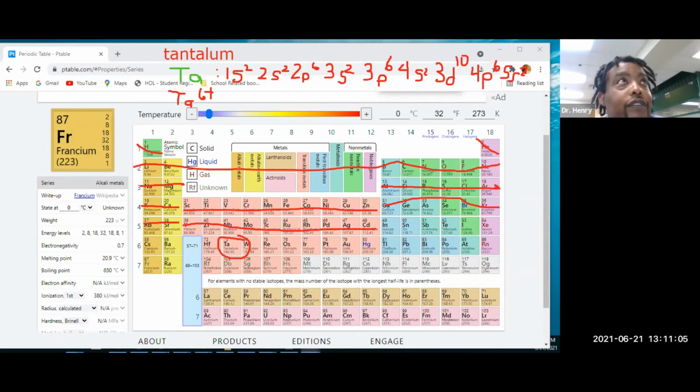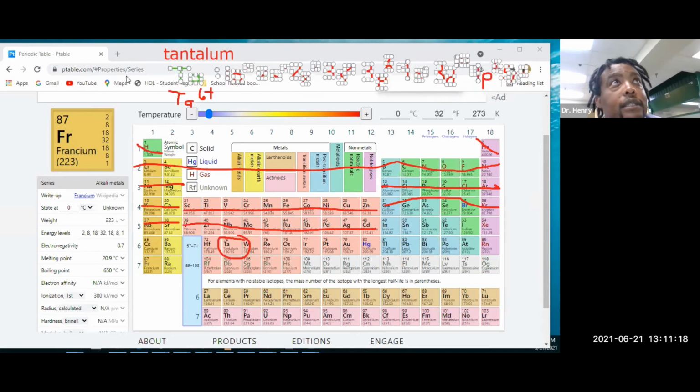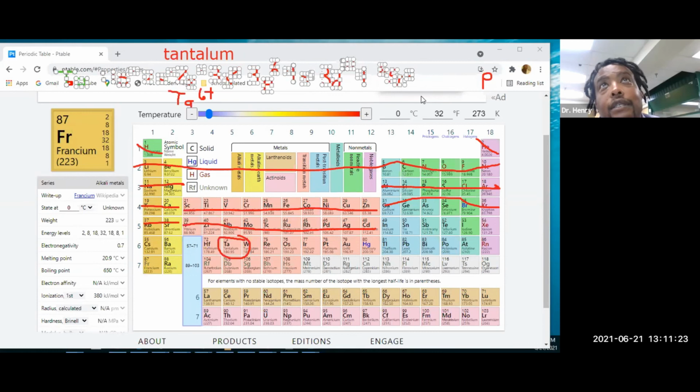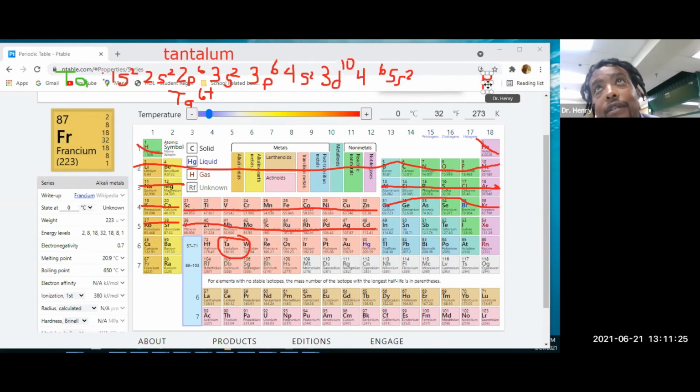I'm running out of room. Let me see if I can shift this over a little bit. Hold on a second. So we said 4s2, 4d10.